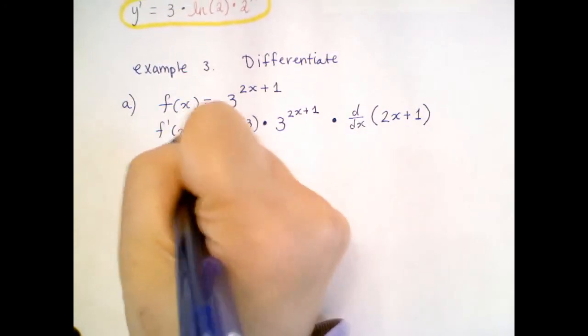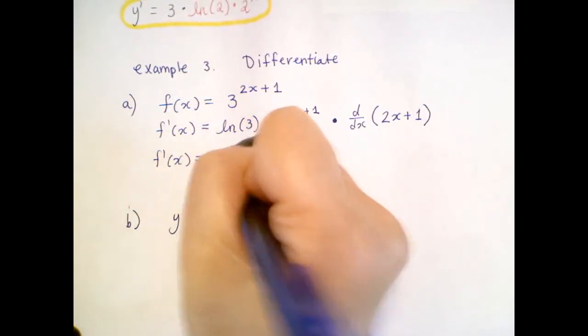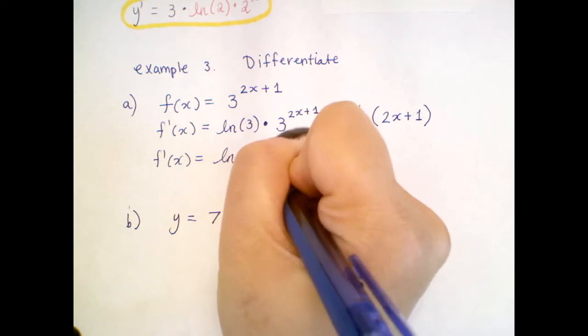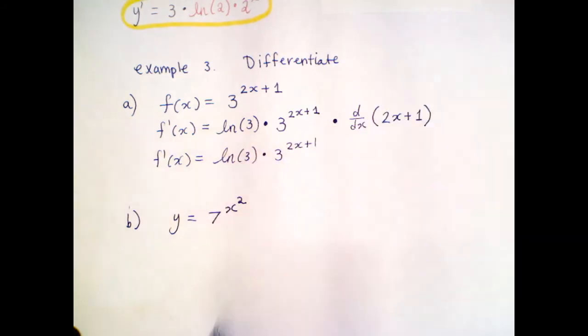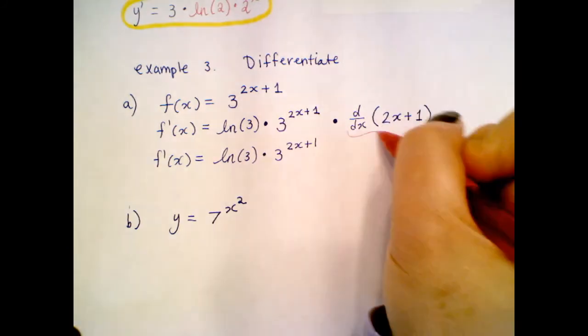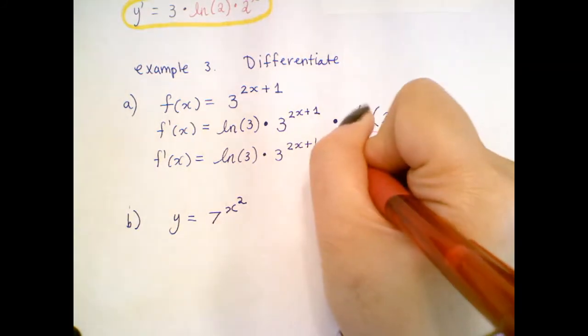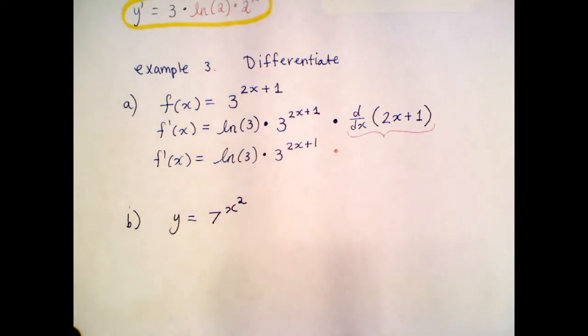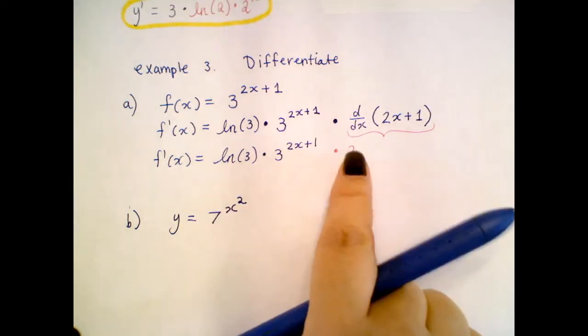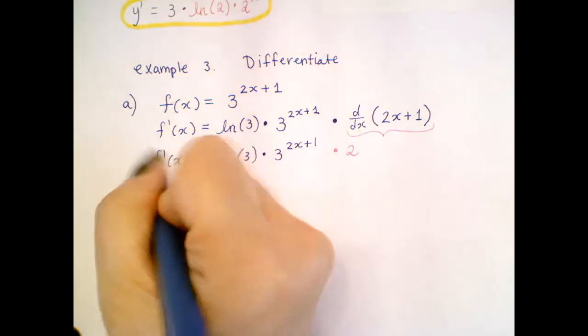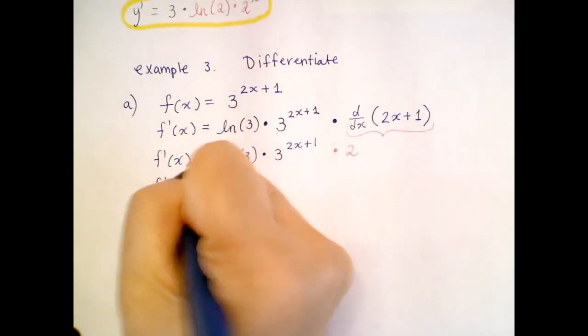F prime of x equals, nothing changed for the first 2 terms, ln of 3 times 3 raised to the 2x plus 1. But now let's do this. The derivative of 2x plus 1, that's just going to be 2. So we got it. This is the answer, but let me just bring this 2 in front, and I'll just say that's my final answer.